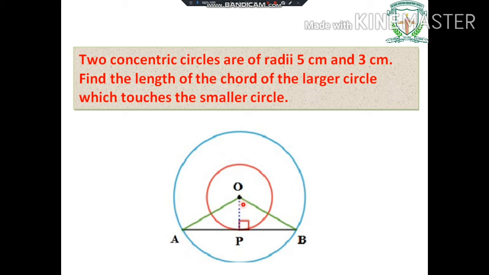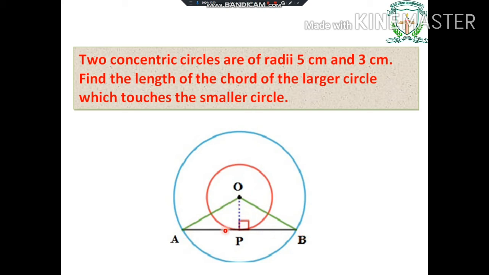So draw a bigger circle, a smaller circle, and draw chord AB. AB is a chord which touches the smaller circle. It has touched here. Now join OA and OB.